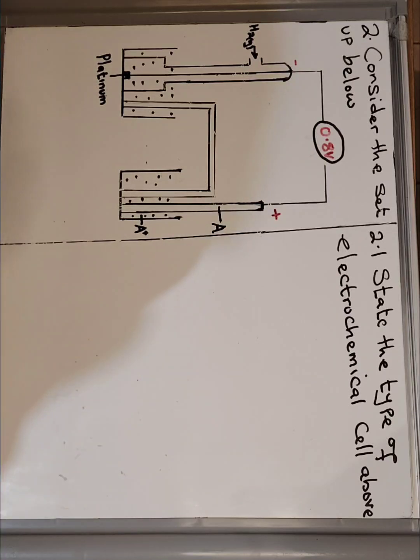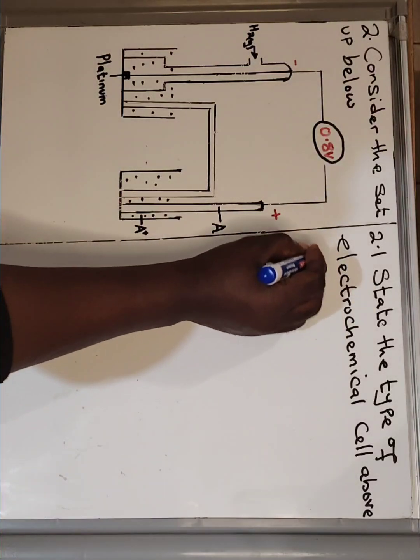One is the electrolytic cell, which we saw in detail during our previous videos, and the other one is galvanic. So which is this? This cell is a galvanic cell.